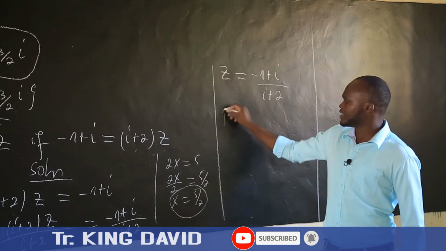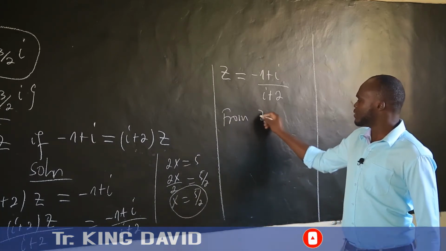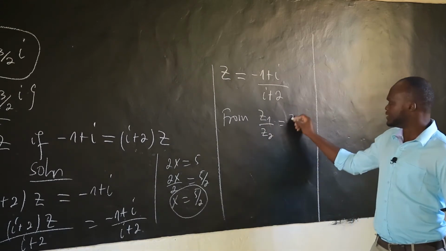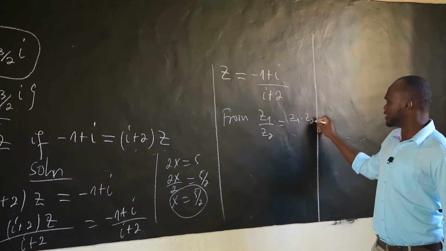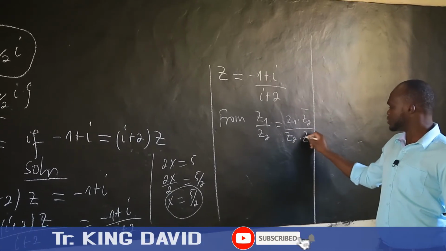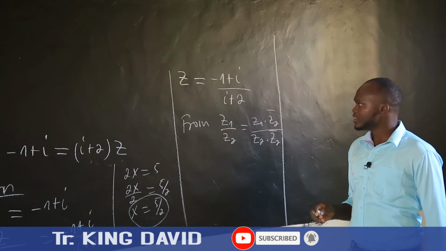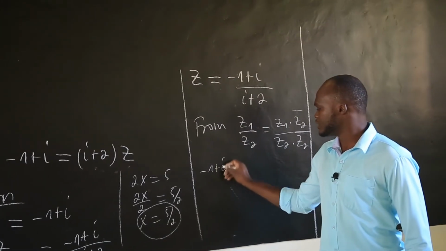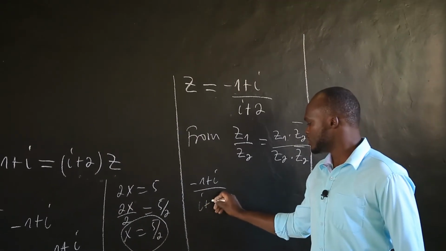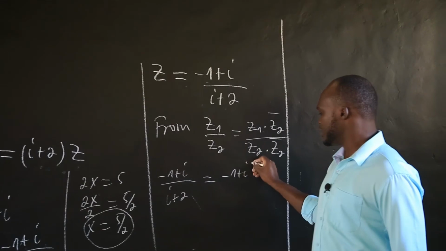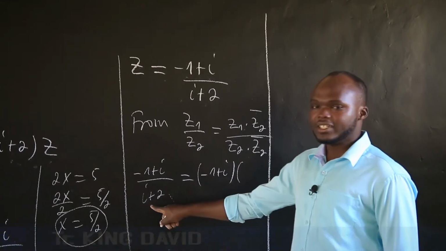When you have z1 over z2, this is the same as z1 times z2 conjugate over z2 times z2 conjugate. So negative 1 plus I divided by I plus 2 is negative 1 plus I into bracket the conjugate of the denominator.